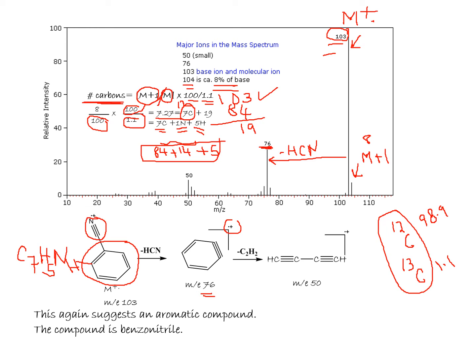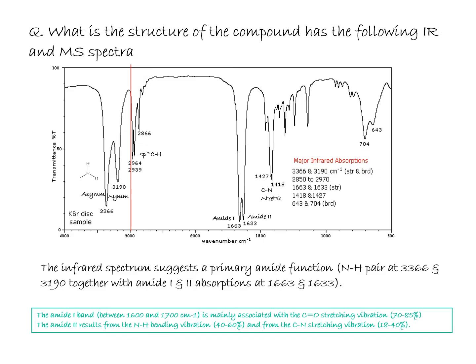With no problem, we can then eliminate C2H2 to form a peak at 50. So our compound is most likely benzonitrile according to this data. Okay. Problem 3. What is the structure of the compound that has the following IR and mass spectra?